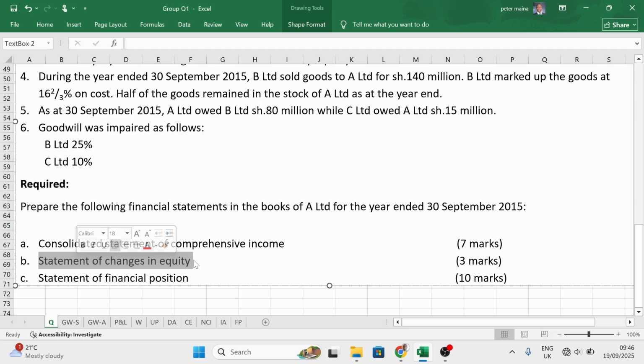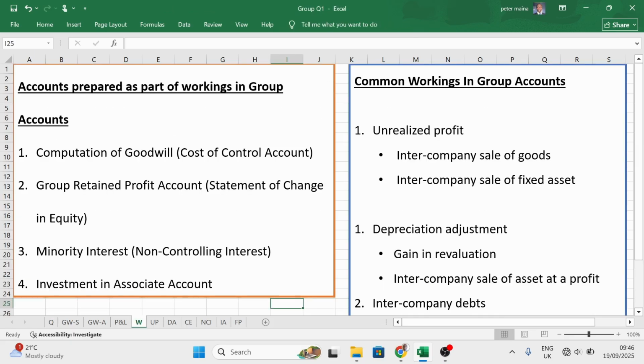So let us go to the workings, some of the workings that we need to make. Generally, we normally prepare 4 accounts as part of workings. If you have an associate and a subsidiary in the same question, you always have to prepare the 4 accounts. The first one is to help you to find the goodwill for both the subsidiary and the associate.